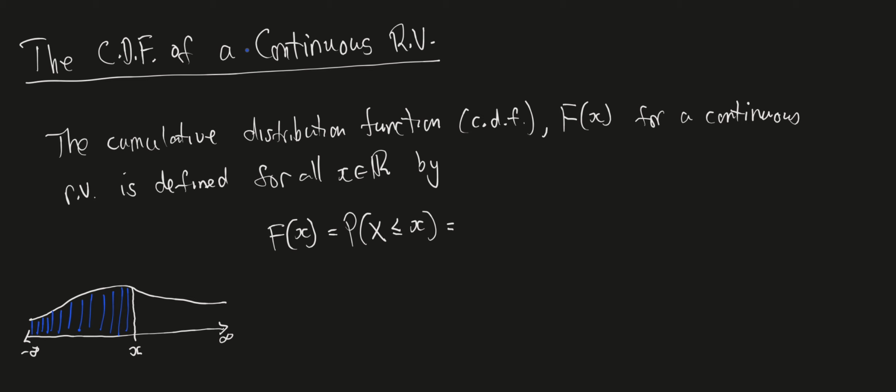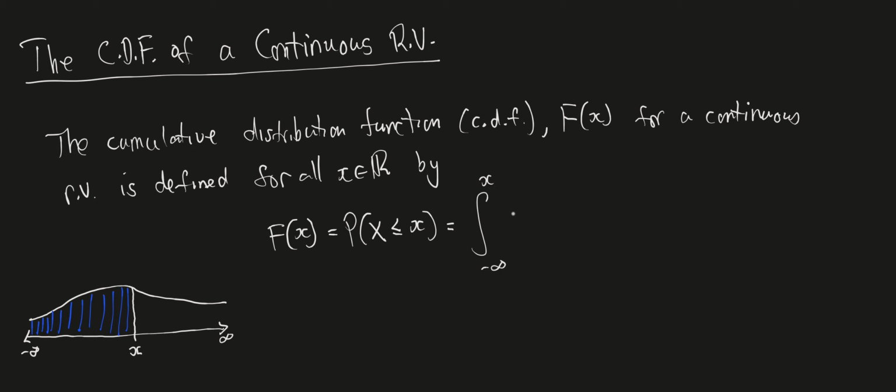Let's write that down. Our lower limit is negative infinity, upper limit is x. But what we need to do is, we can't have the variable that we're integrating with respect to be my upper limit.